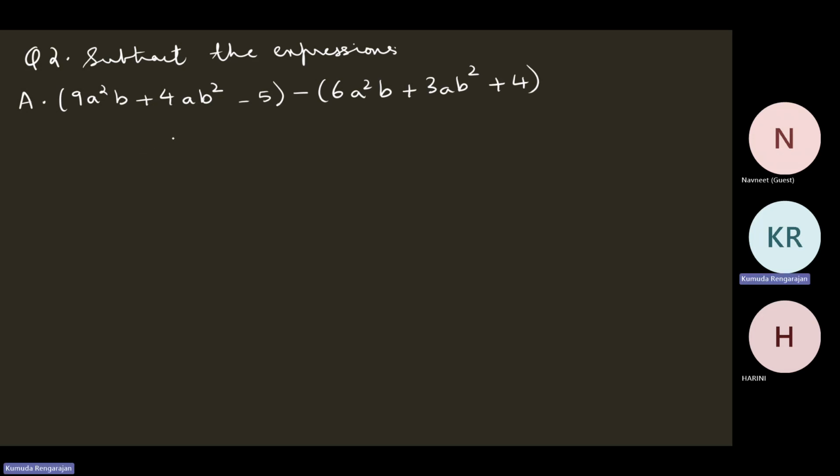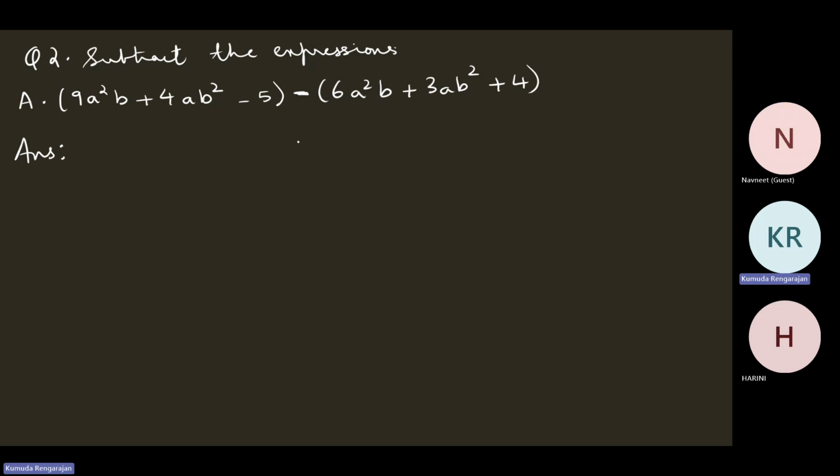So the heading is subtract the expressions, but the question is already given, meaning with the minus sign. So the expression is already ready to be solved. Now, when it is given subtract 9a square b plus 4ab square minus 5 and 6a square b plus 3ab square plus 4, then you have to write the two expressions in a bracket and put a minus sign in the middle.